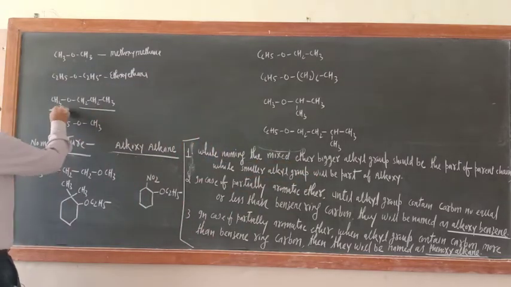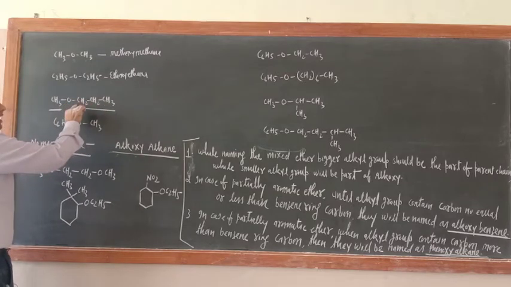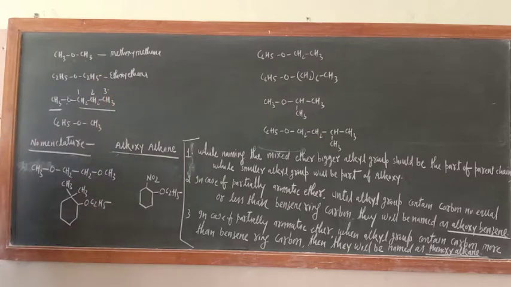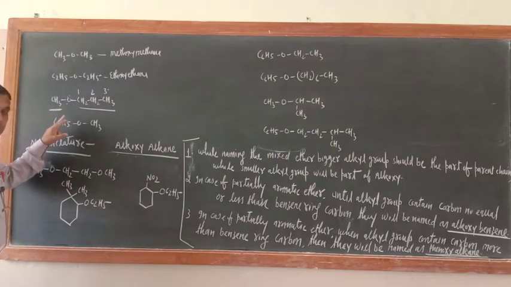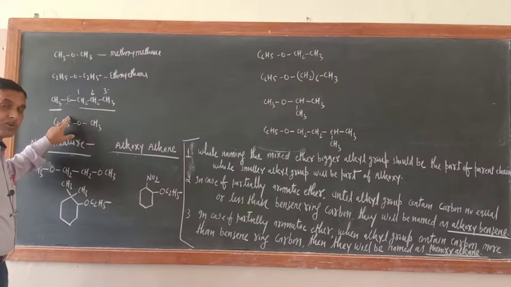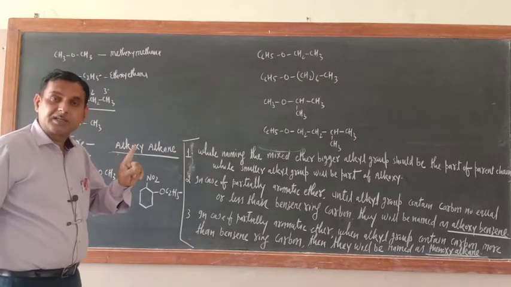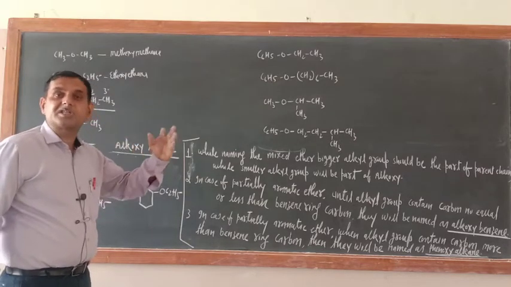So what would be the first number? Numbering of the bigger alkyl group always starts from that carbon atom which is directly bonded with the functional group oxygen. So 1, 2, 3. Remember, numbering should start from that carbon atom of the bigger alkyl group which is directly bonded with oxygen, but it should not violate the longest continuous chain rule also.